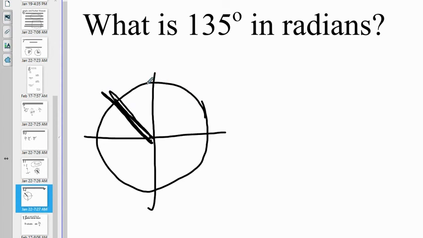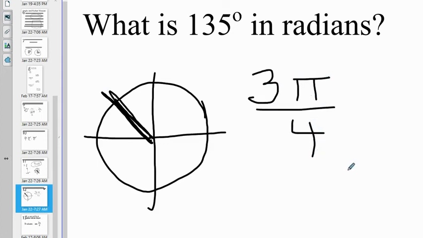And so that's 3 times pi over 4. And 3 pi over 4, that's our conversion. If you take 135 times pi over 180, that fraction will simplify to 3 pi over 4. That's the conversion that we want.